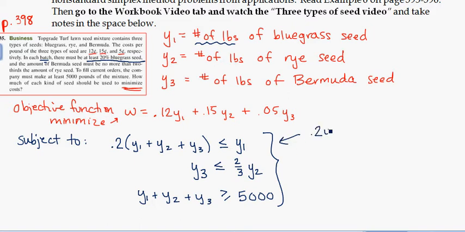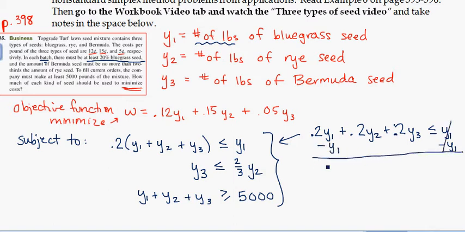If I distribute my 0.2, 0.2 y1 plus 0.2 y2 plus 0.2 y3 is less than or equal to y1. Subtracting y1 over to the other side of the inequality, I'm going to have negative 0.8 y1 plus 0.2 y2 plus 0.2 y3 less than or equal to 0. And then the rest we have.